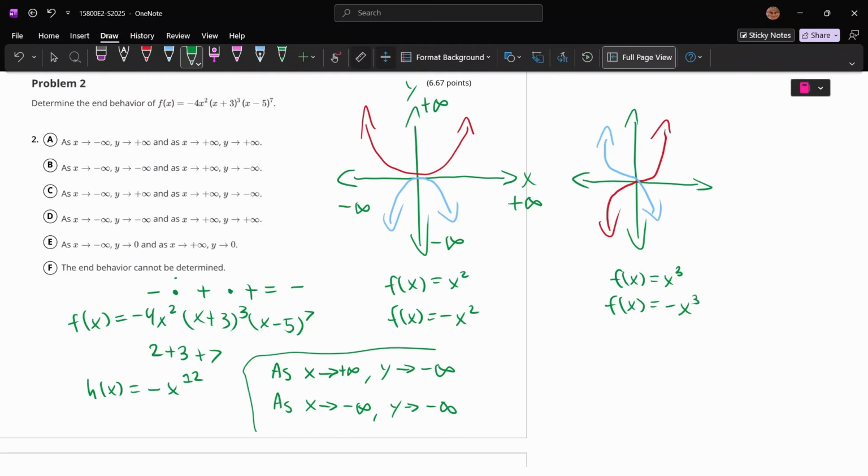So this would be the end behavior of this function. Matching that up with the answer choices, whichever one matches what I wrote here. Positive infinity, negative infinity, positive. Okay, yeah. So I think the answer to this question should be B.